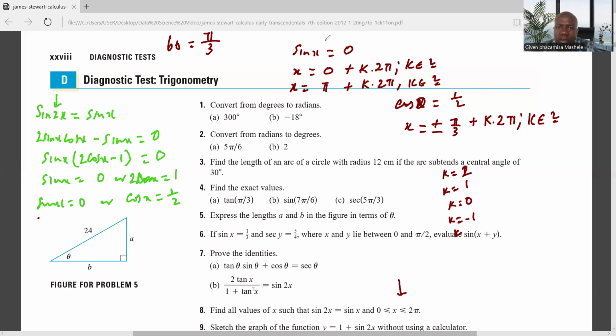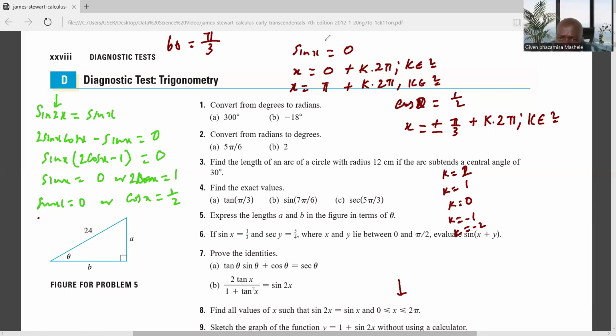Then we do the same. So if you start doing that, when k is 2, your answer will be out of bounds. So let's use 1.